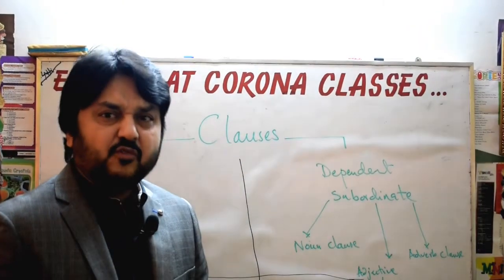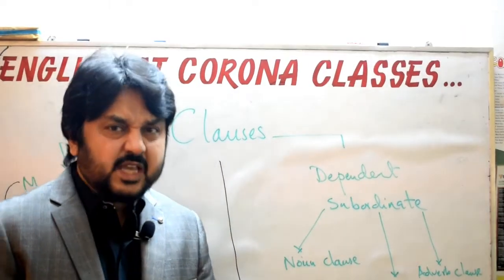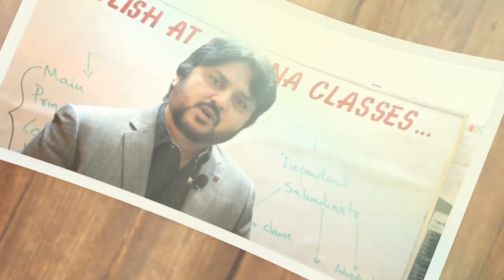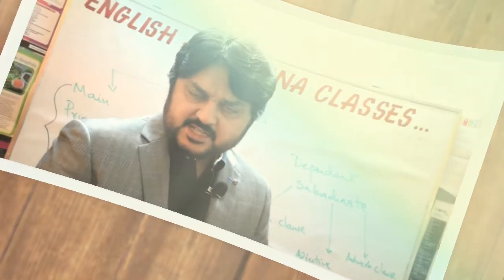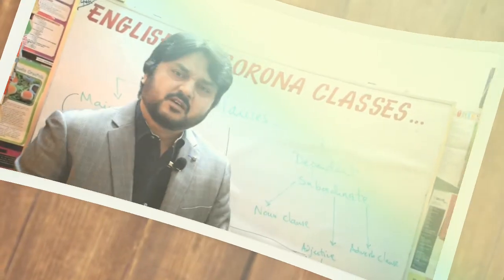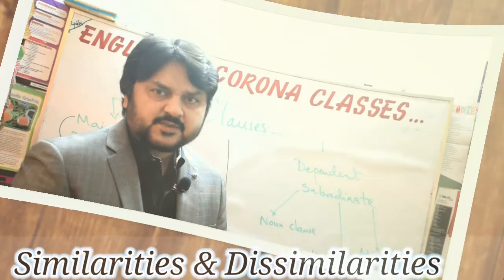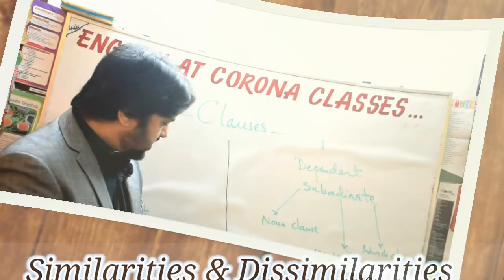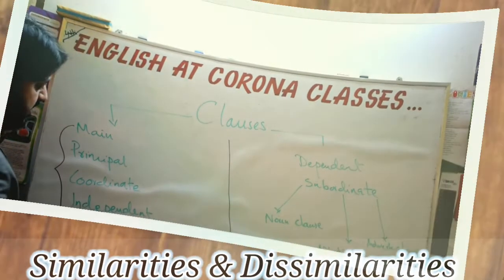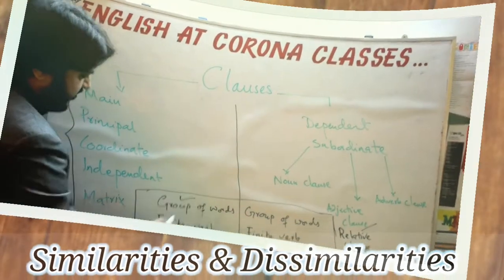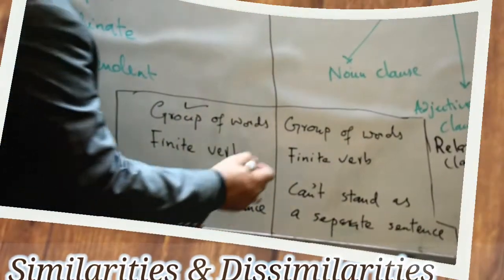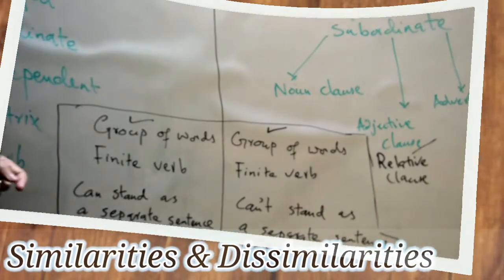Now when we come to see what are the similarities and what are the dissimilarities between these two, means the main clauses and the subordinate clauses, we come to these points. Look, a main clause is a group of words, yes, and a subordinate clause is also a group of words.